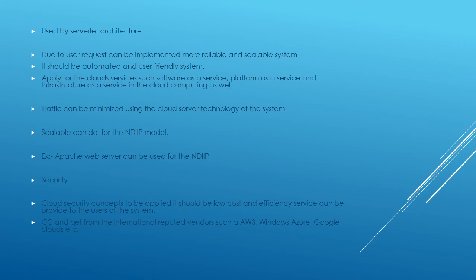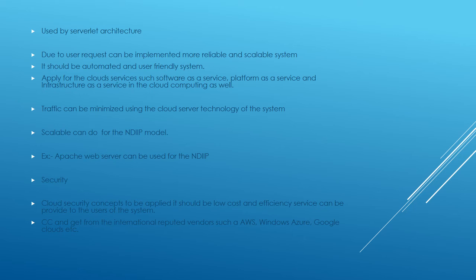We can use it as a service, as a servlet architecture. Due to user request can be implement more reliable and scalable system. Can be measured, and it should be the automated and user friendly system.